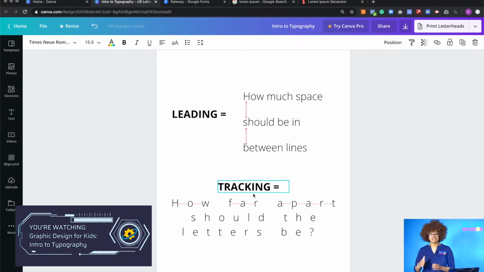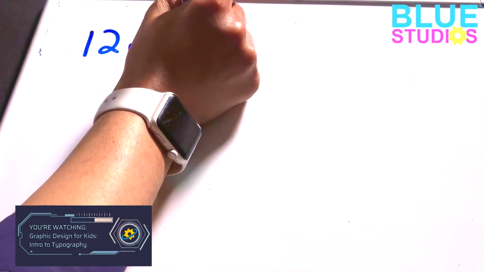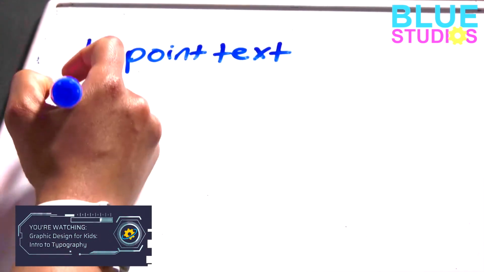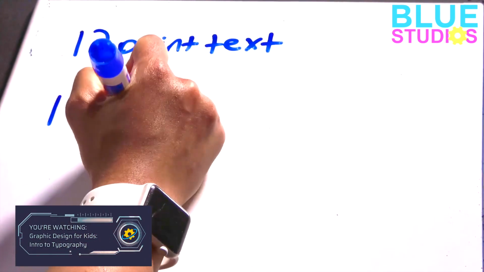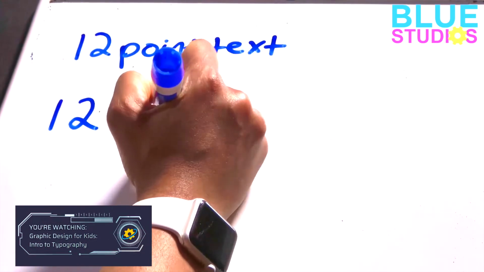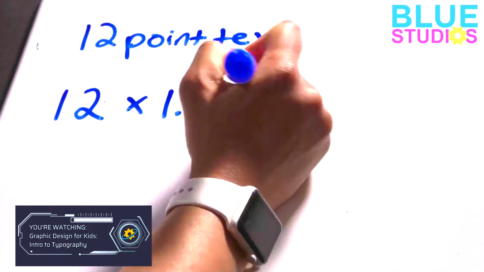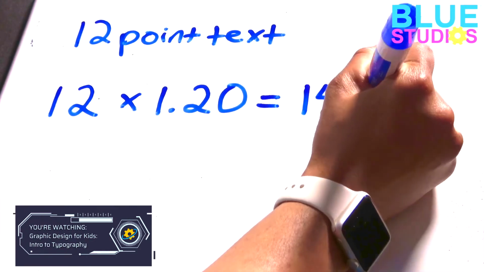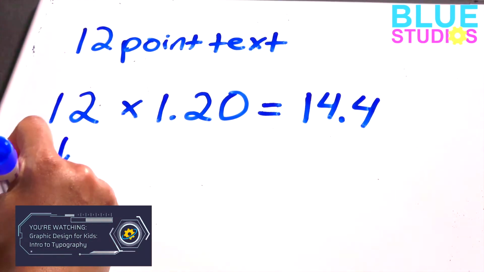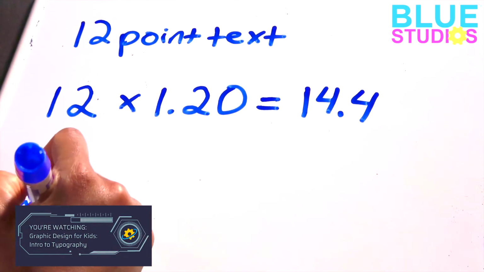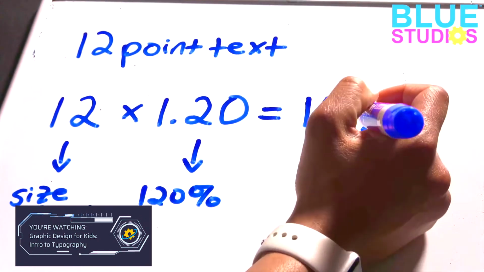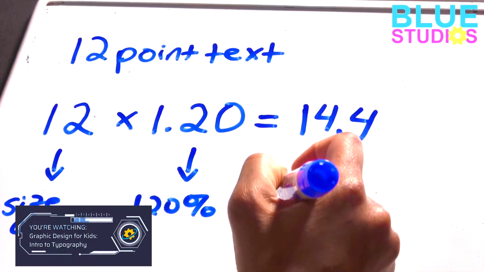So for example, if you're using 12-point text, the way you can figure out the minimum distance between each line that is optimal for somebody to read it, like the baseline, all you have to do is multiply 12 times 1.20, that represents 120%, and then you get 14.4 points.